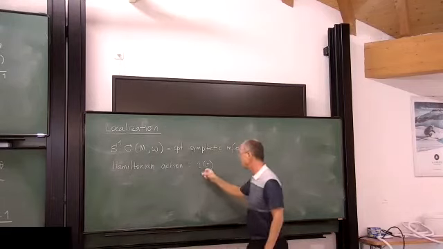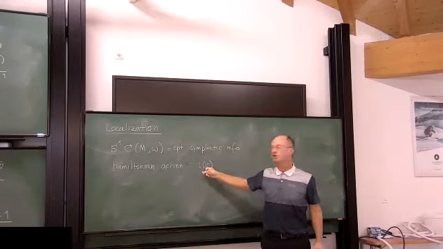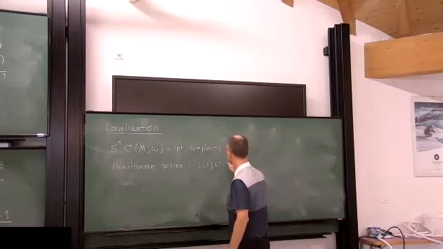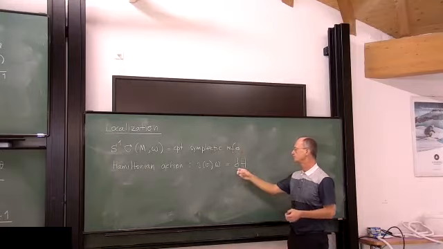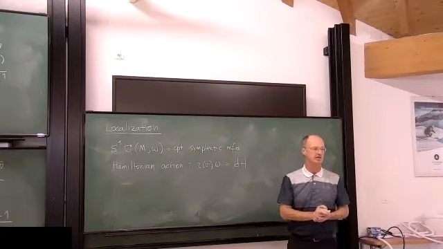This means that if you take a fundamental vector field for that action, V, then the contraction of this vector field with the symplectic form is exact.